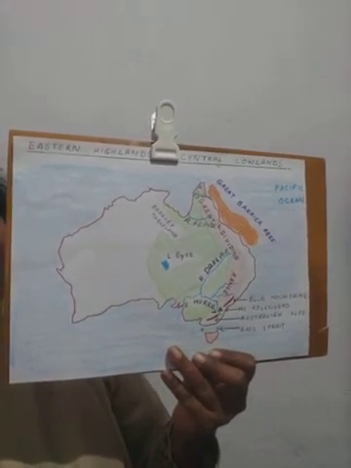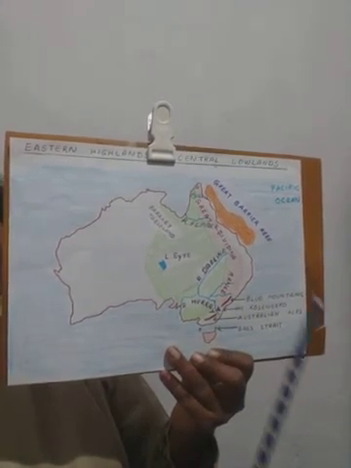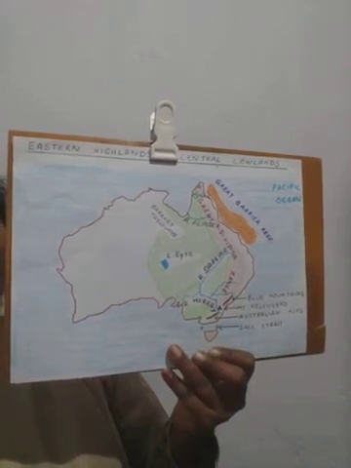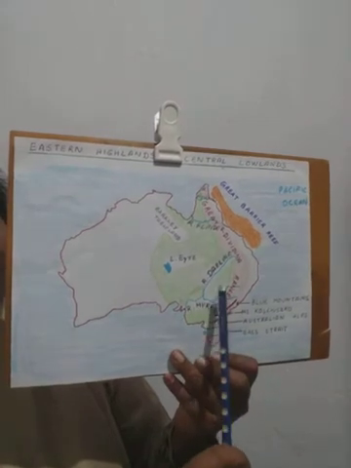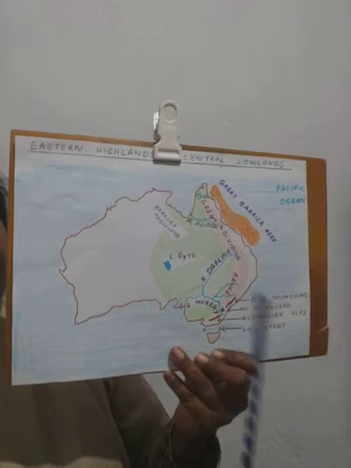Many important rivers originate from these highlands, quite well-known rivers, namely River Murray and River Darling, which are quite important for generation of hydroelectricity. So that was all about our Great Dividing Range.